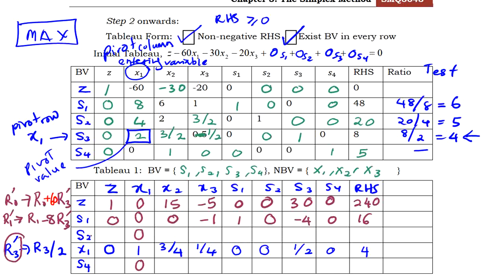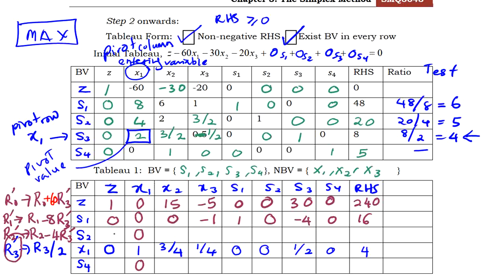Okay, for row 2, the formula is row 2 new, refer to row 2 and row 3 new. Again here the coefficient is positive 4, therefore here negative 4 times row 3 new.